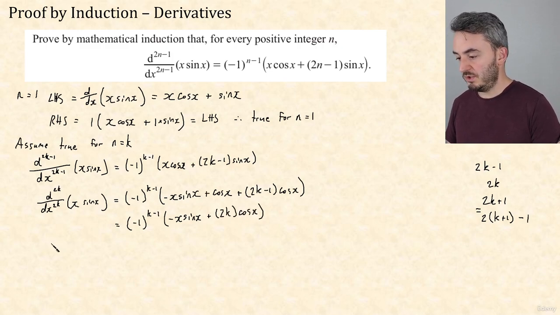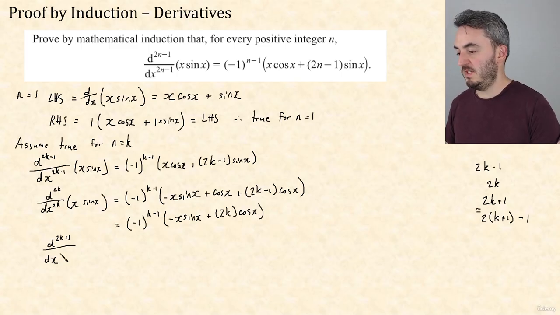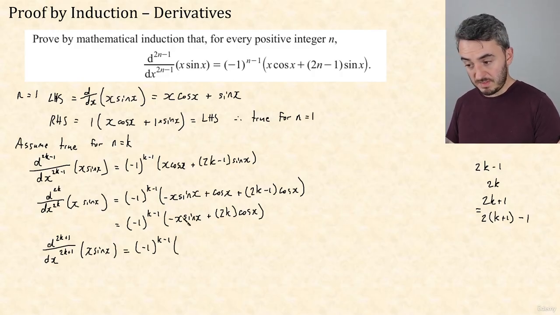Okay, now I can just differentiate it again. So this is the one I was really after. That's d to the 2k plus 1 over dx to the 2k plus 1. And again, I can just leave my constant out here. Differentiate this using the product rule.